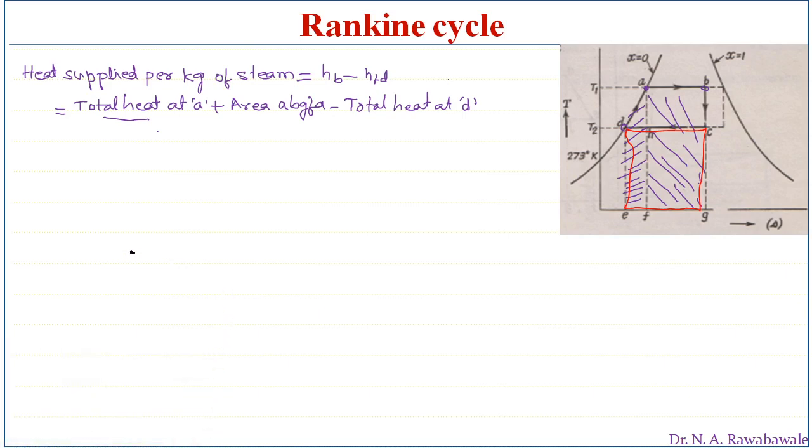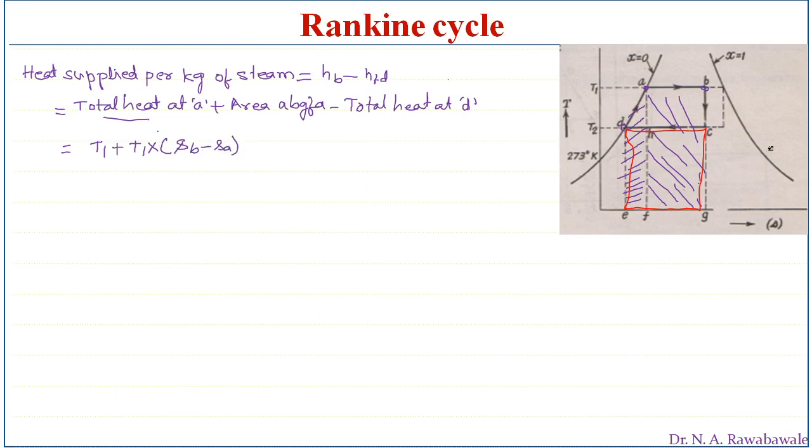So now we can write total heat at A is nothing but T1 plus area ABGFA, which means T1 into (SB minus SA).